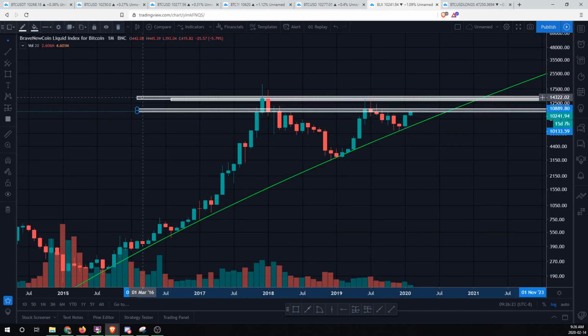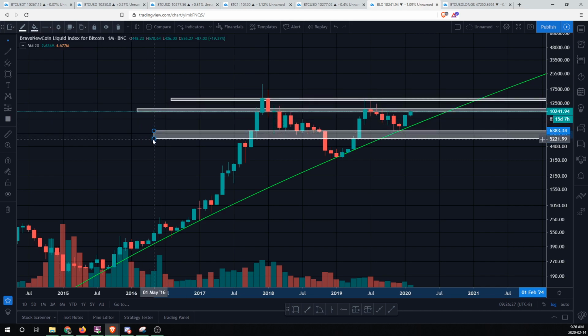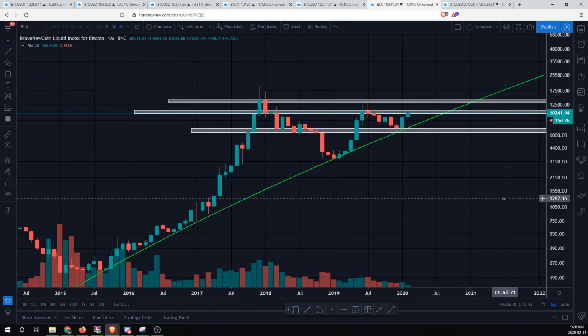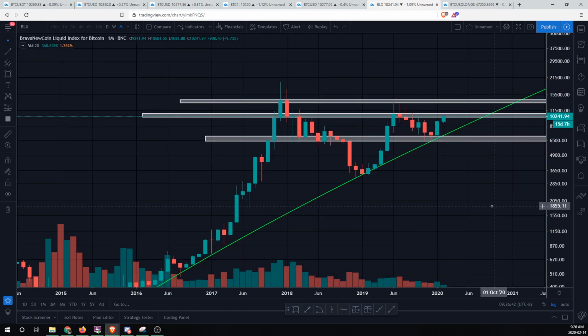I'll just put a lower zone here to indicate the area of demand. It's going to be right around here. All right, so we got our three zones. We're looking pretty good. And that's basically all I'm going to be doing for the monthly chart.